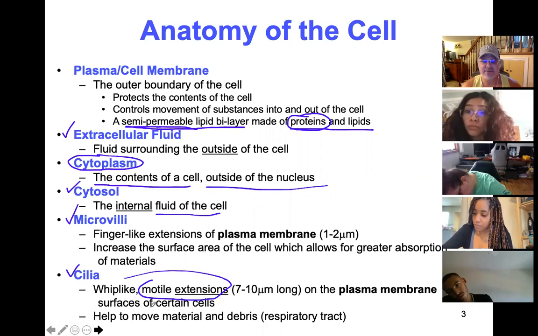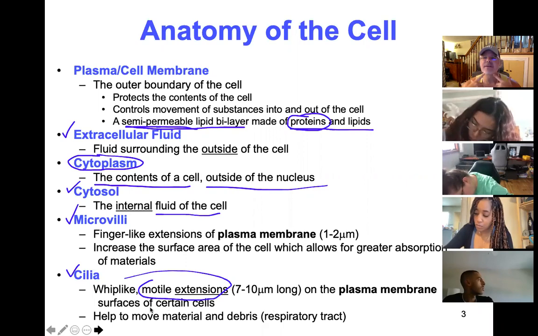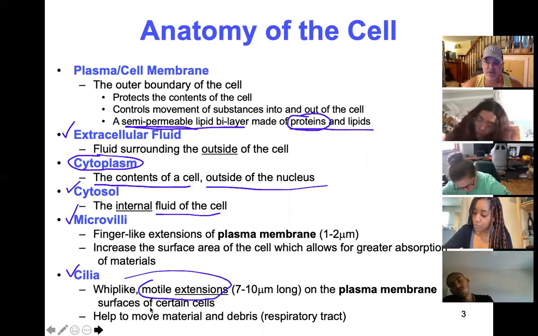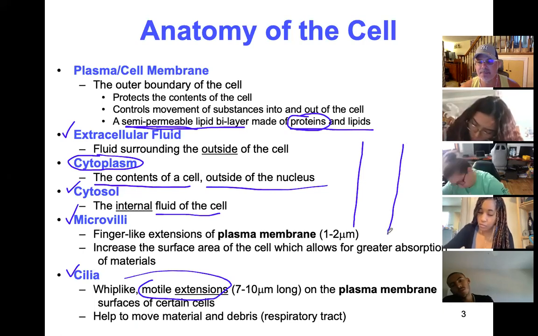We'll find cilia primarily throughout the airways, like the respiratory tract, especially in the trachea and the windpipe. We have the cilia, and the cilia beat rhythmically. So if I were to draw here the trachea or the windpipe in your throat, we're going to have these columnar cells.